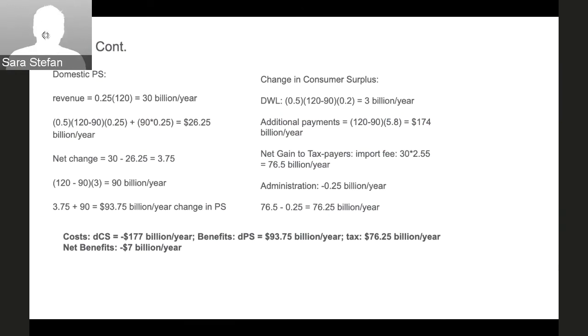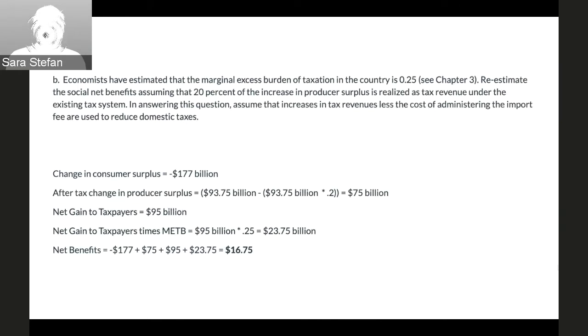All right. So for part B, we were asked to find if there's an estimated marginal excess tax burden of 0.25, where we had to re-estimate the social net benefits, assuming a 20% increase in producer surplus.